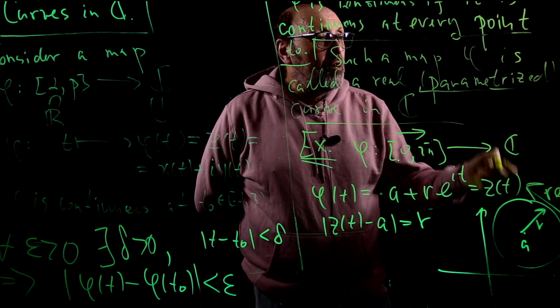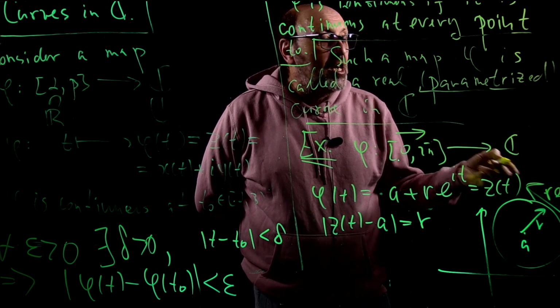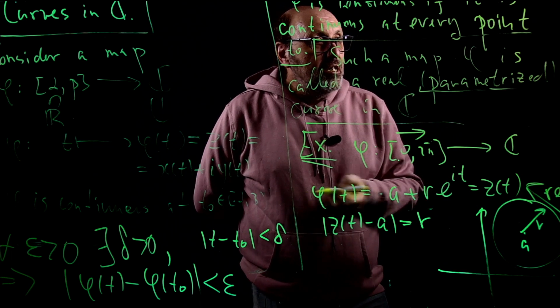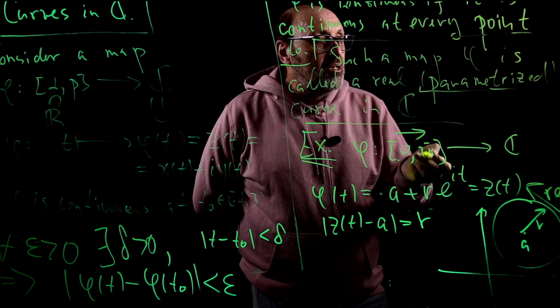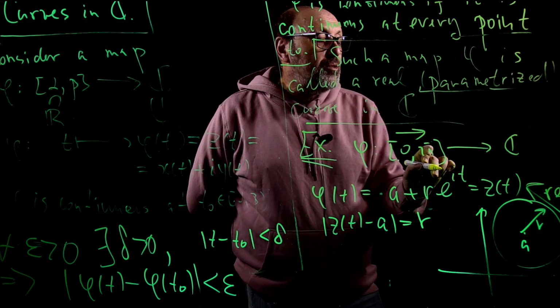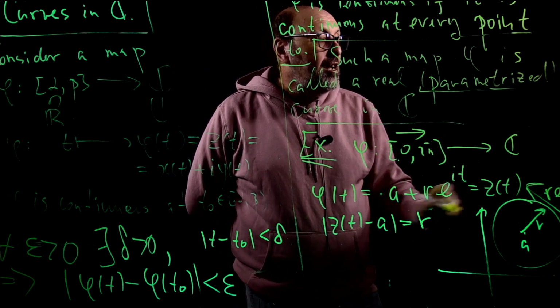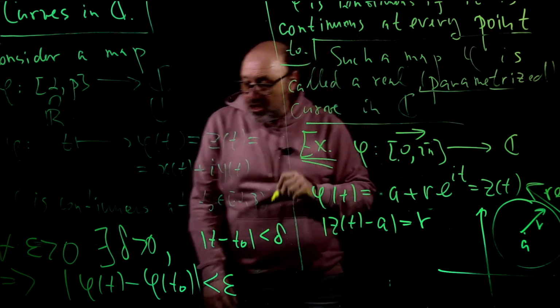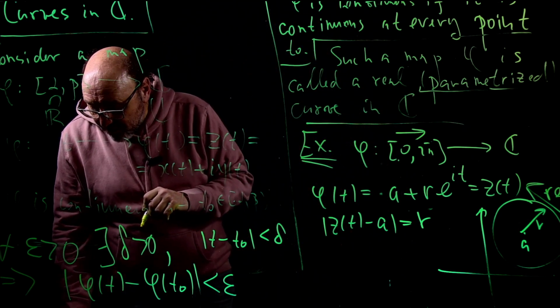So this is the orientation of this curve, that is the direction in which the point moves, which is compatible with your parameterization. If you change parameterization, for example, you put here negative it, then you change orientation. Orientation will change. All right, this is very important.